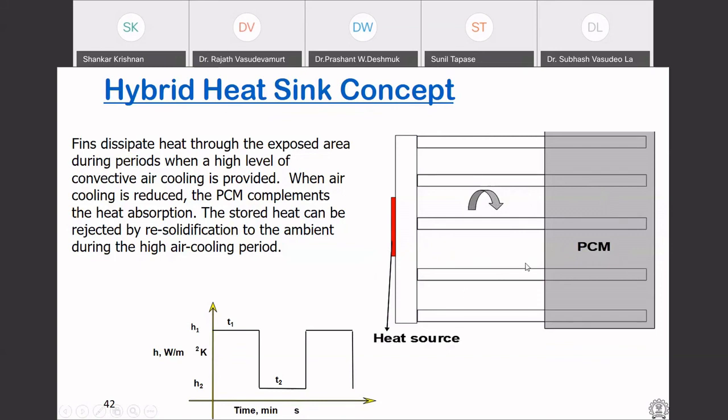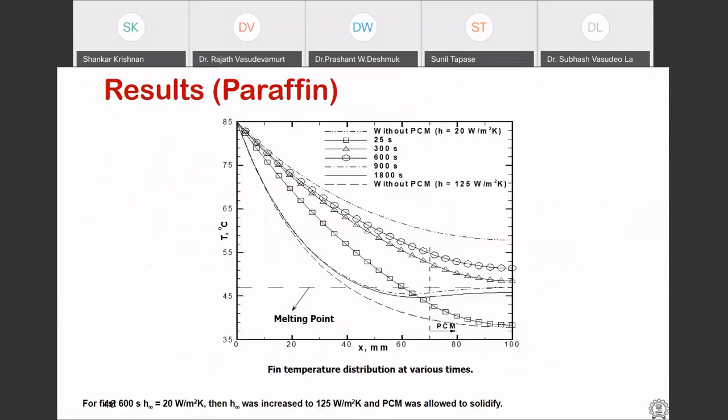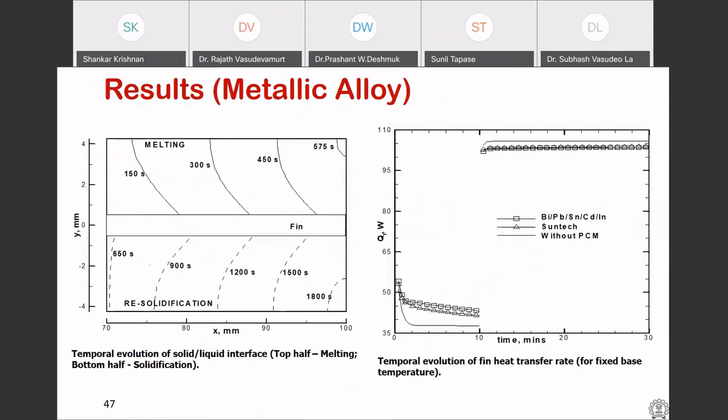But when the velocity is low, the phase change material will melt to compensate for the lost heat transfer coefficient. That's the idea that we looked into, and we found that a phase change material does offer such a beautiful situation where you can absorb the lower heat transfer coefficient heat fluxes, and re-solidify so that it becomes available for the next round.